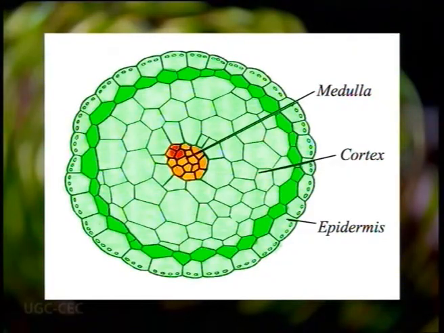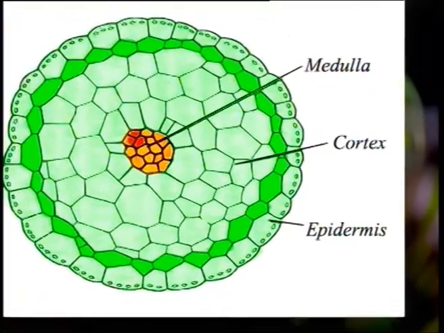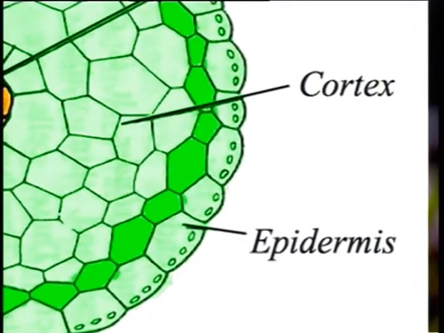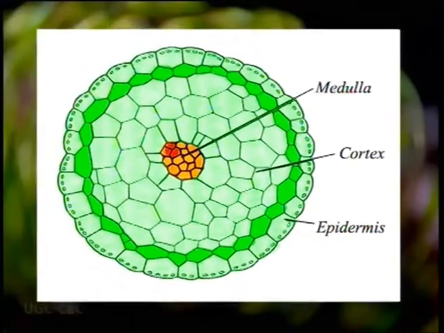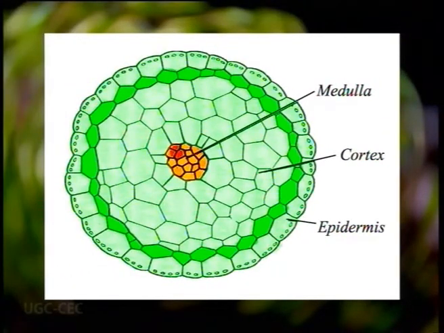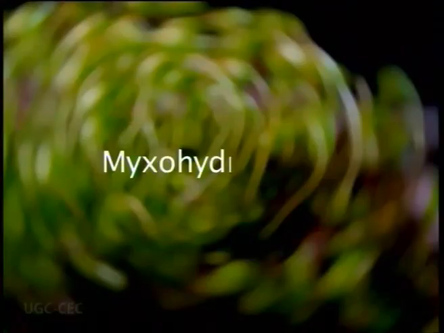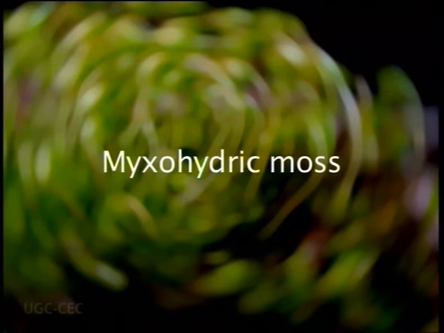On the other hand, the epidermis is the outermost layer composed of tangentially elongated chlorophyllous cells. It has no pores or stomata. In Funaria, water is conducted both externally by force of capillarity between leaves and the stem, and internally by the central strand. Hence, Funaria is called a myxohydric moss.